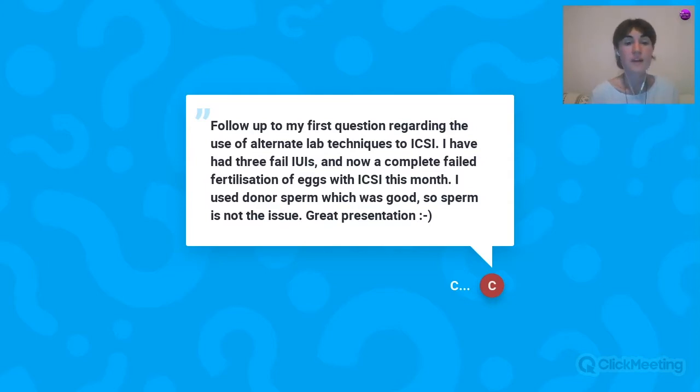But this is right now what I can think of. Failure of egg activation could be the only thing that maybe the calcium ionophore could solve, or otherwise the egg quality is so bad that it's preventing the fertilization. Or, no, but it was through ICSI, so yeah.